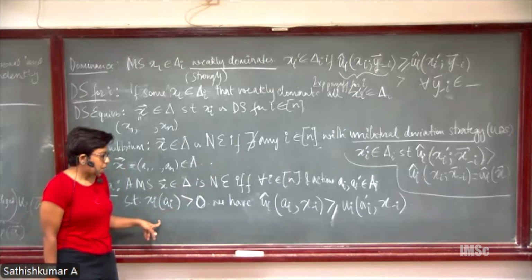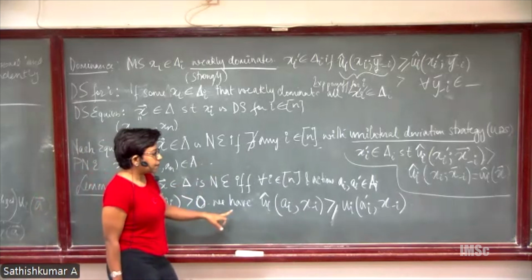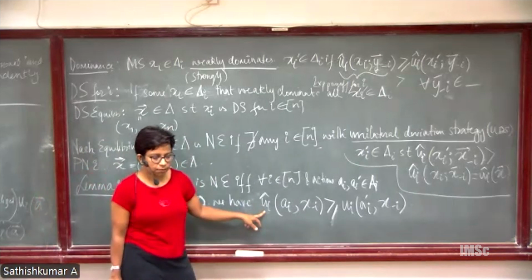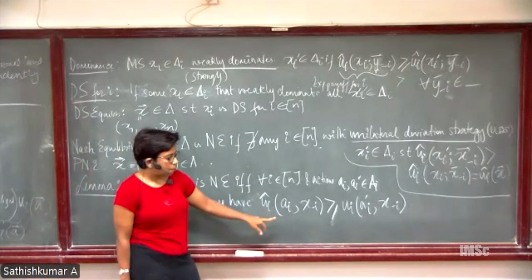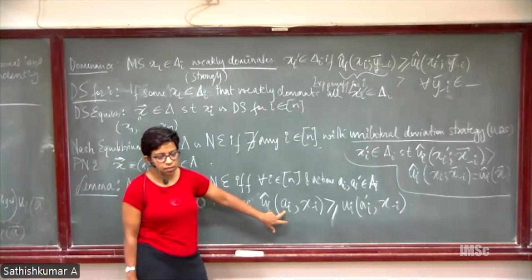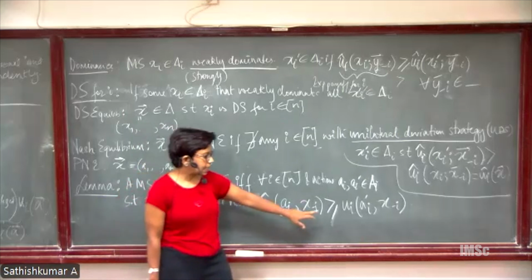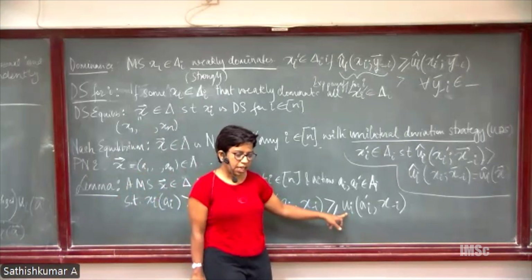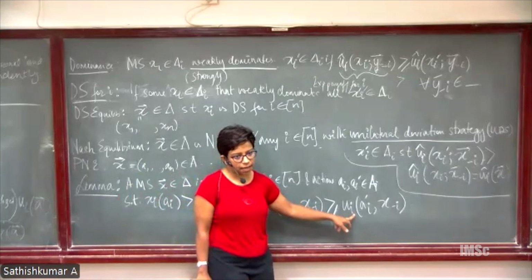Then we can say that the expected utility obtained by player I by deviating to this action AI is at least as good as if it shifted to any other action.